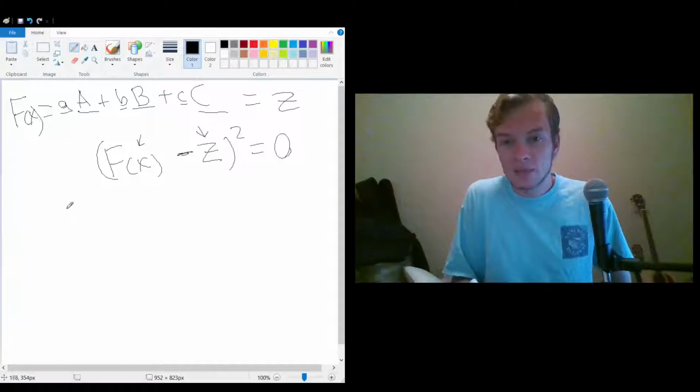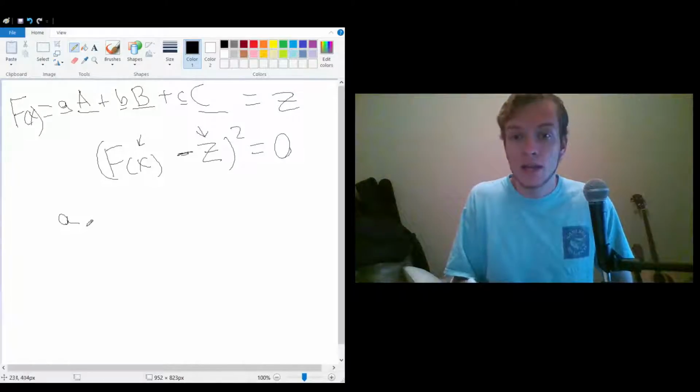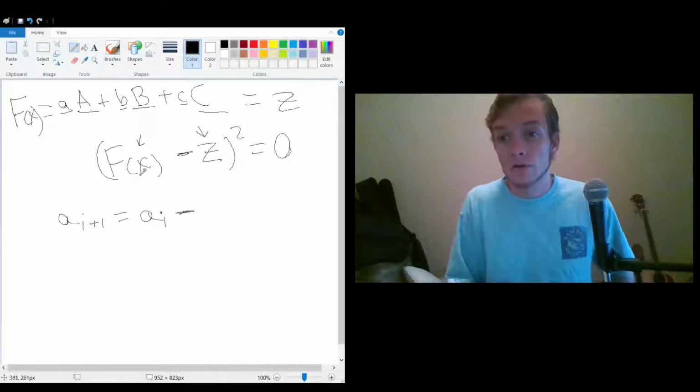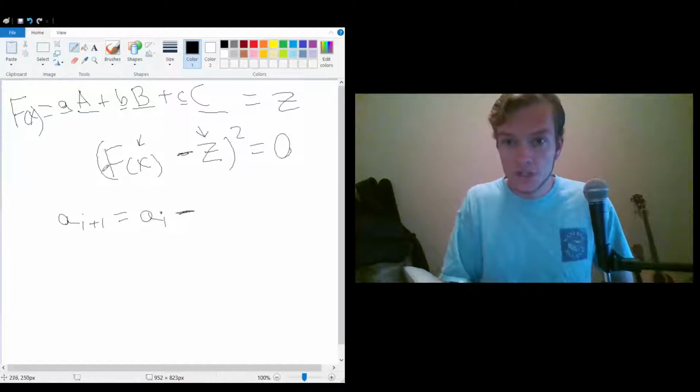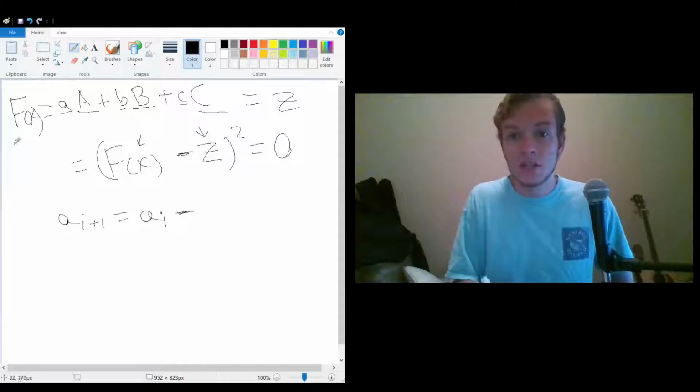What I'm essentially planning to do is have the first variable update, so a_(i+1) is equal to a_i minus our function, which we'll call g of x.